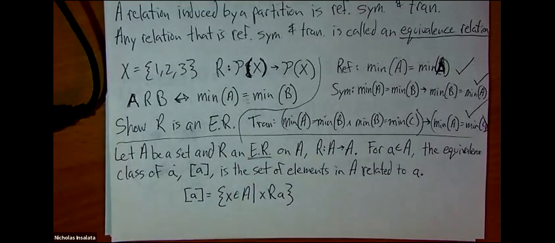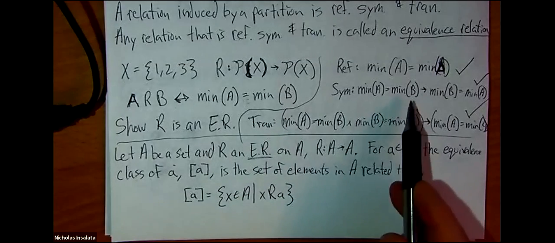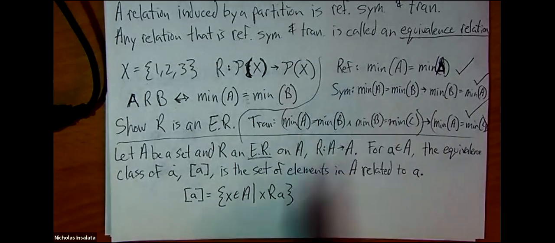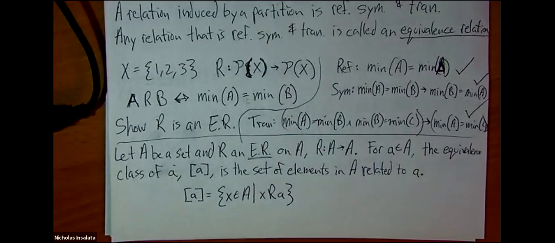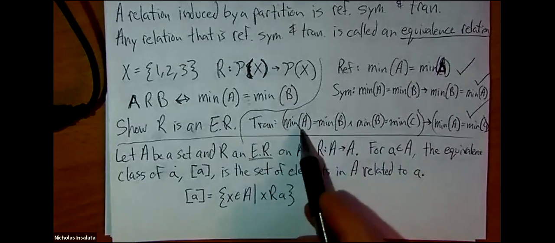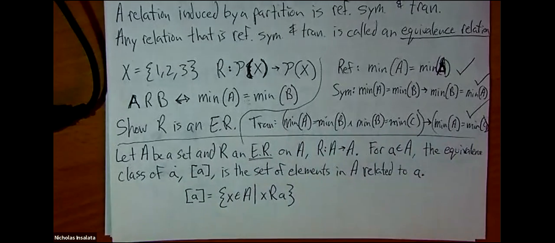It's equivalent to itself, and if it's equivalent to other stuff, it goes back the other direction, and it forms these kind of chains of equivalence. If A is equivalent to B and B is equivalent to C, then we know A is equivalent to C. So we have all these things that are equivalent, and we'll call that an equivalence class. That's all the stuff that's functionally the same as little a, right here.